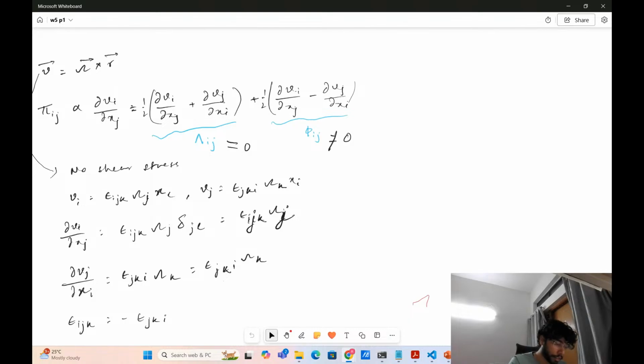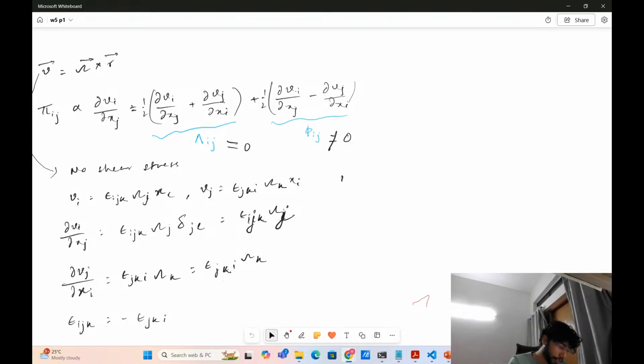So since we want the shear stress to be zero for a solid body, we would therefore require that in the shear stress only the lambda component should stay and the phi component shouldn't stay.